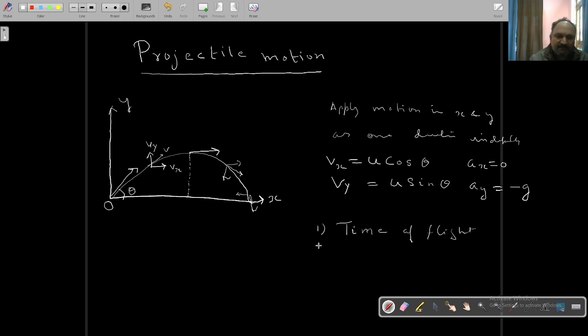Time of flight means total time taken by the particle to reach from O till B and then returning to the point C. Second is maximum height reached by the projectile, and third is range.